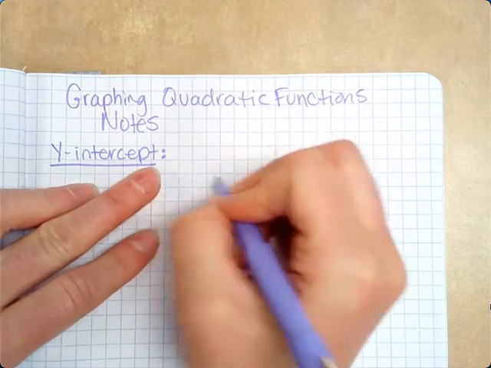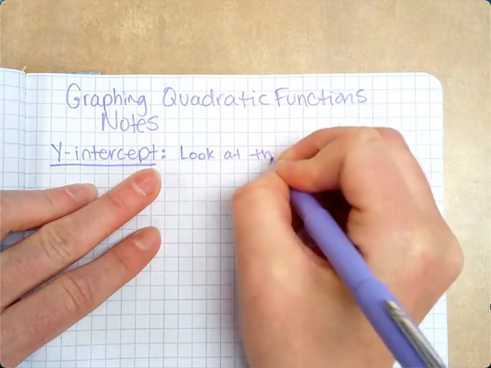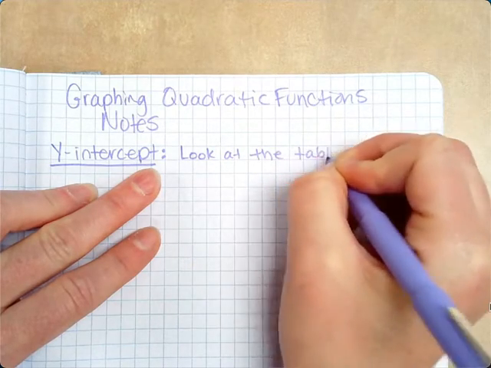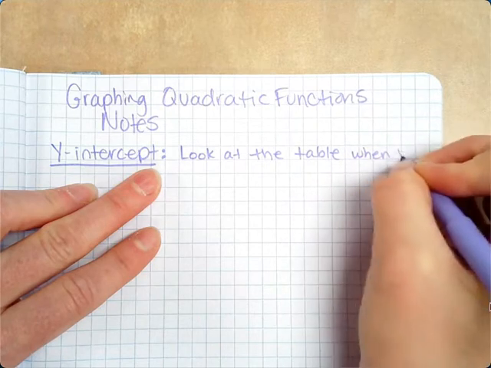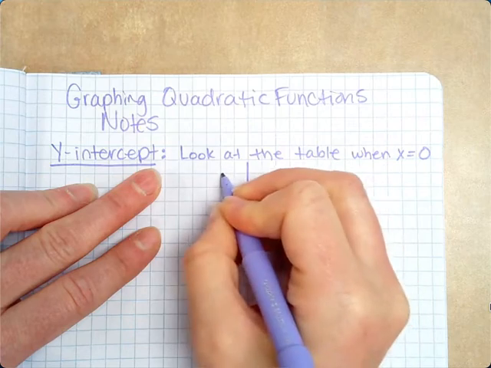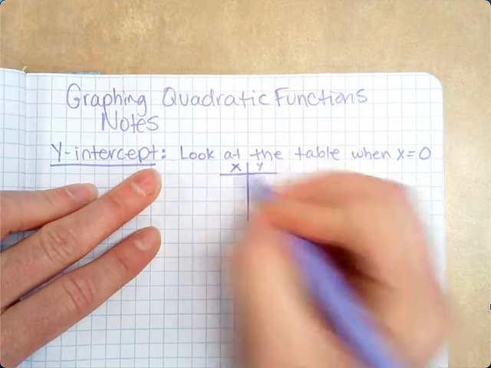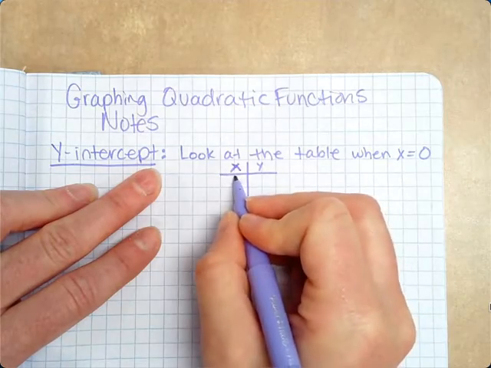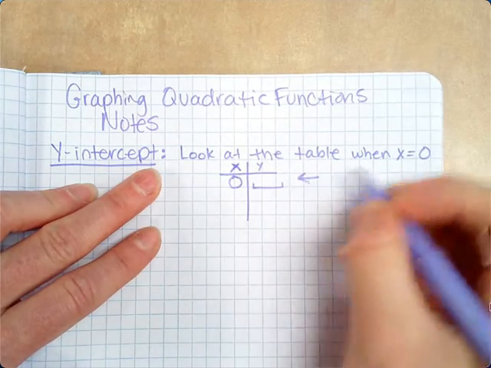That is found by looking at the table where x equals 0. So we have where 0 is x, this is your y-intercept.